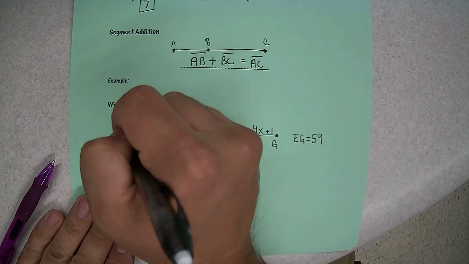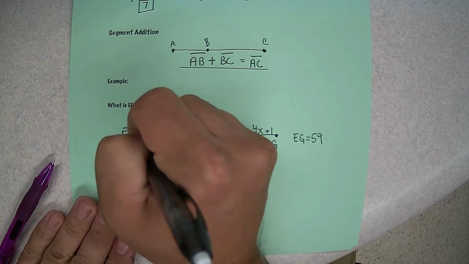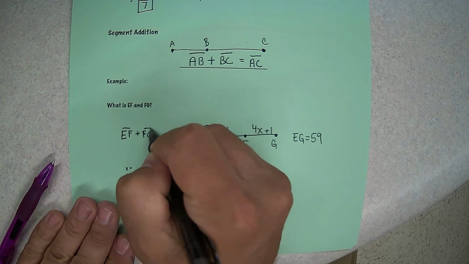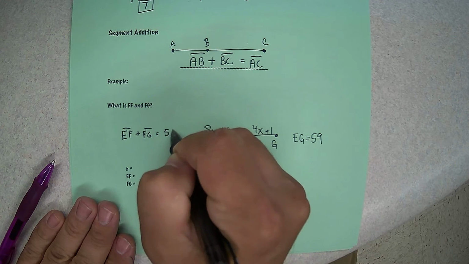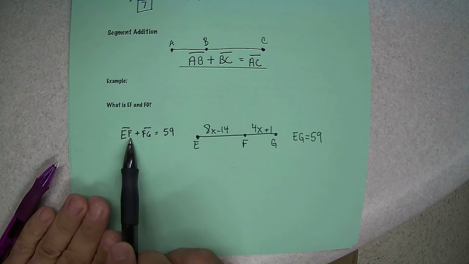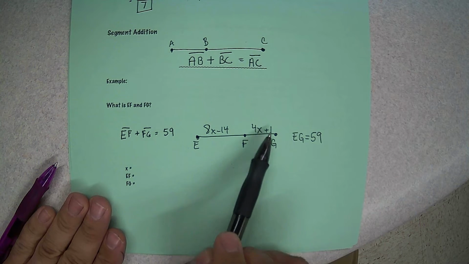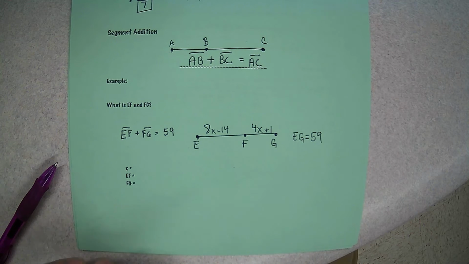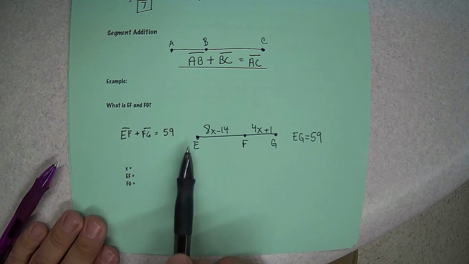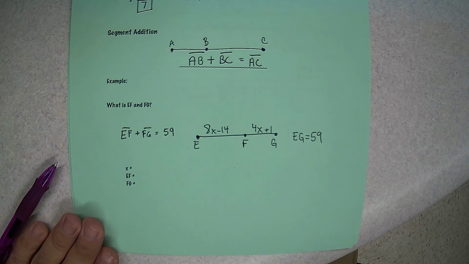So we know EF plus FG equals 59 because it equals EG, or this whole length. Now we take our parts that we know, 8x minus 14 and 4x plus 1, and put them together to figure out what x is, and then we can figure out the length of EF and FG.